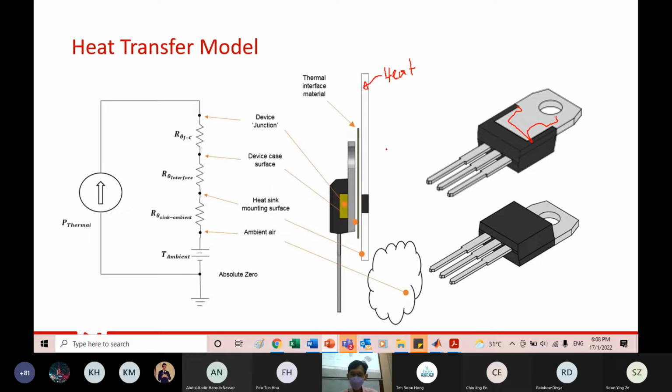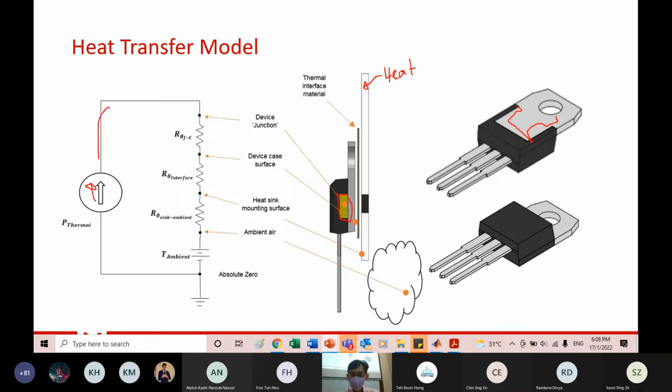Now, if you want to model this heat transfer, you can model it like this. It's just like an electric circuit, but it's not resistor, it's not voltage and current. You can see the point here, the junction. The heat originates from here, the die. Heat is just like a current source.